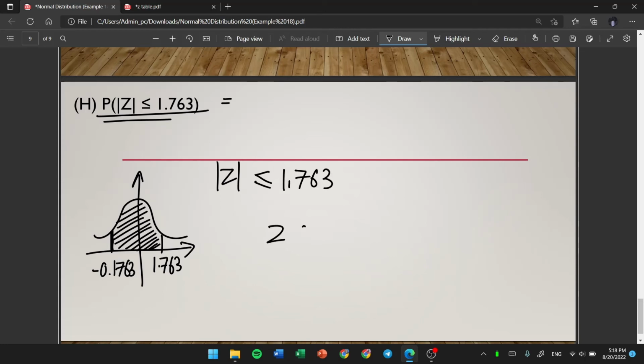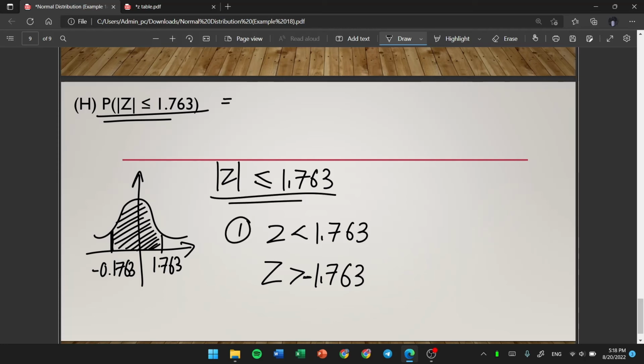So you get Z is less than 1.763, and another one is Z greater than negative 1.763. Do you see? It takes back the original equation, then adds one more for the negative value equation. So greater than negative. So that's why we shade this middle region here, because it satisfies both inequalities here. Less than 1.763 but greater than negative 1.763.